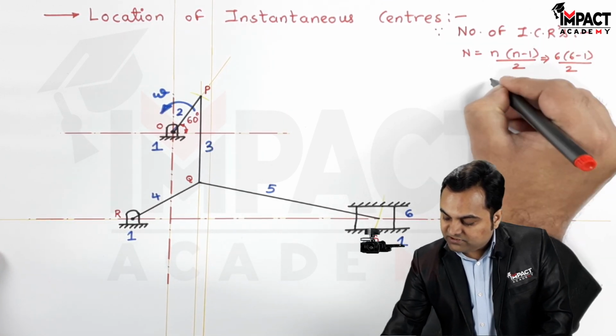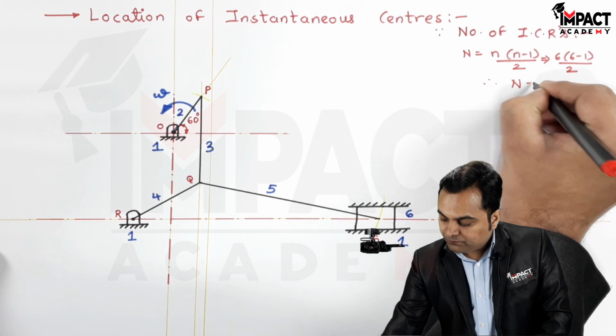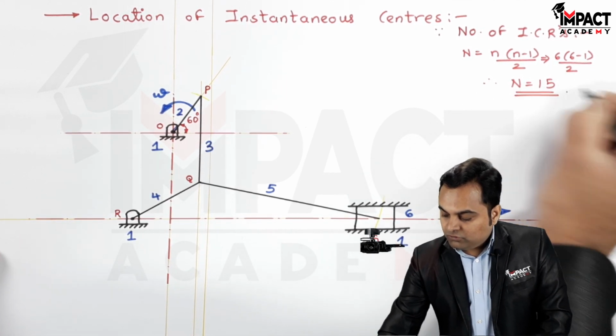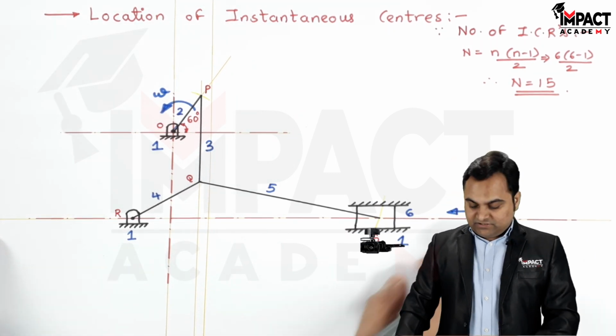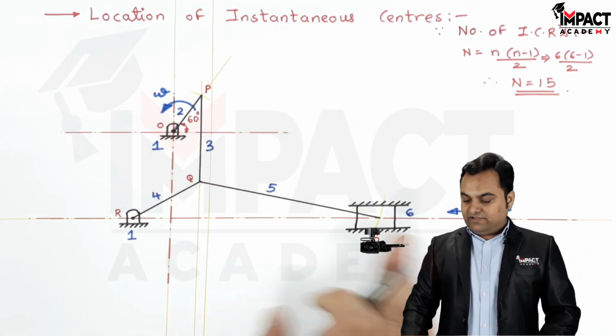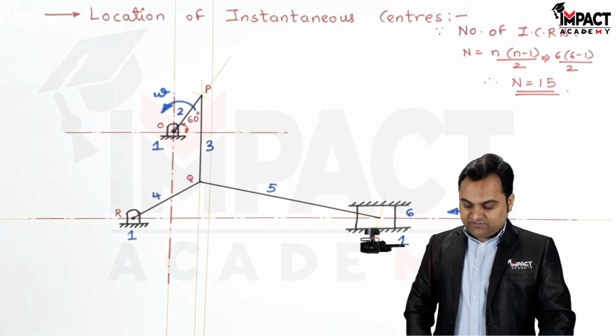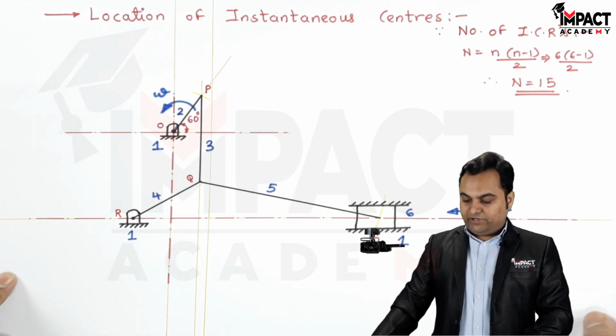When we calculate this, the answer comes out to be 15. So there are 15 ICRs in this 6 link mechanism and they need to be located. Now what are those ICRs? For that I would be drawing a table.